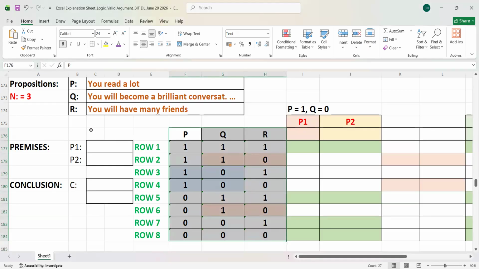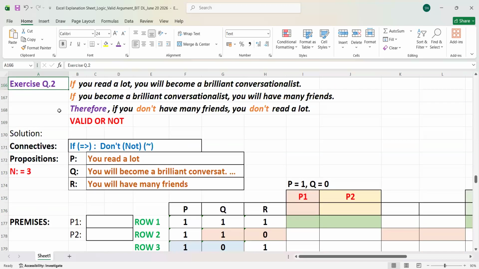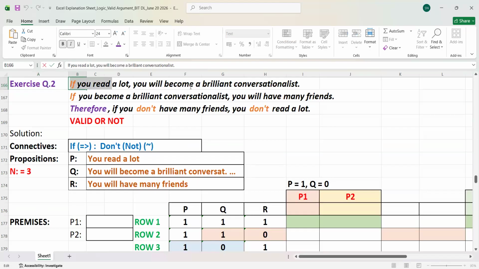Now then, let's look at the statements in the question and identify our premises. Remember, our premises are the beginning of a statement, so you see a full stop. So premise 1 should be from here out to this full stop. If you read a lot, you become a brilliant conversationalist. Now, reading a lot is P, brilliant conversationalist is Q, and the connective we have identified as if.